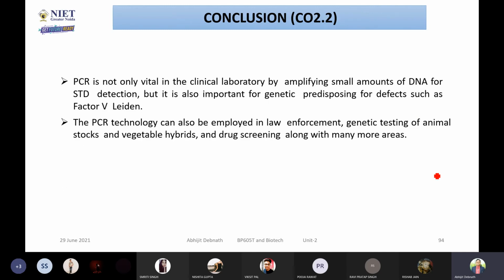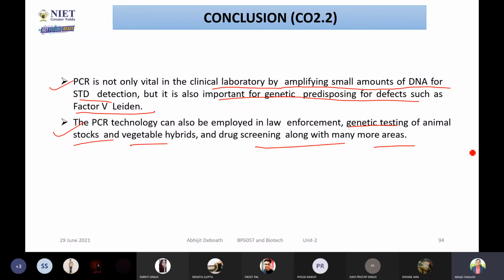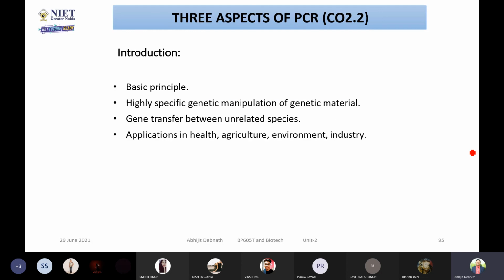In conclusion, RT-PCR is not only a vital clinical laboratory tool, amplifying small amounts of DNA for detection, but also plays an important role in detecting genetic predisposition to defects such as factor V Leiden. This technology can also be employed in law enforcement, genetic testing, animal stock, vegetable hybrids, drug screening, and many other applications.